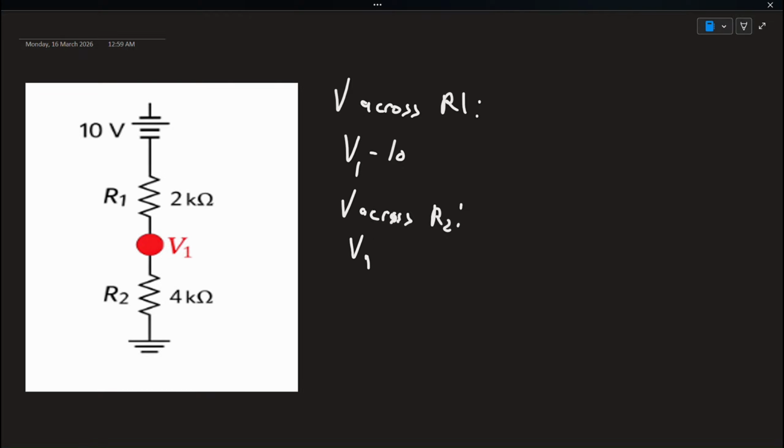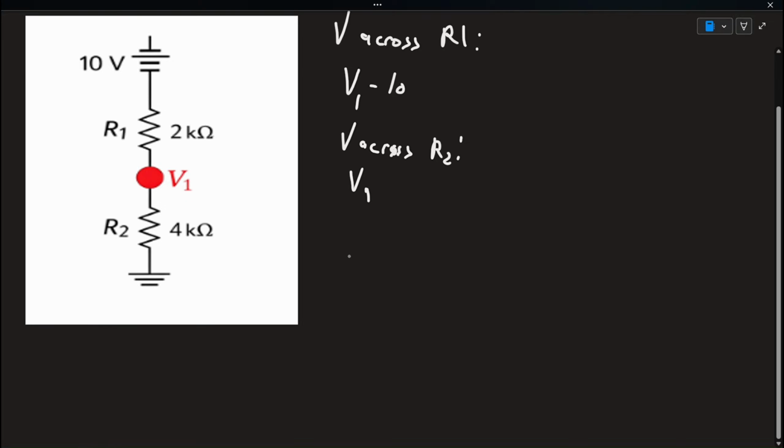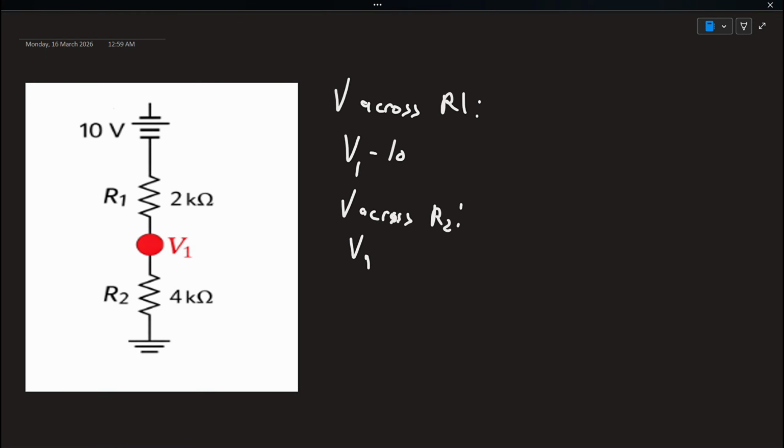Now we divide each of them by their corresponding resistance, and we add them, and because we're using Kirchhoff's current law here, the sum of those currents will be equal to 0. So we use V1 minus 10 over the 2 kilo ohms, so 2000, plus V1 over 4000 is equal to 0.